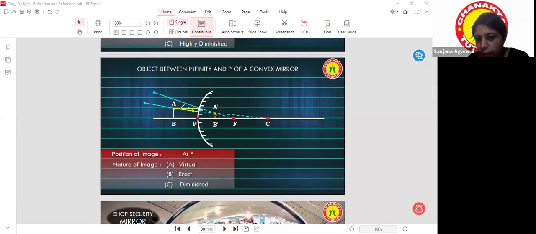If we allow a straight beam of light parallel to the principal axis, after reflection, it will appear in such a manner that it is coming from the focus point. And another case, if the ray of light is directed towards the center of curvature, it will be different for you.